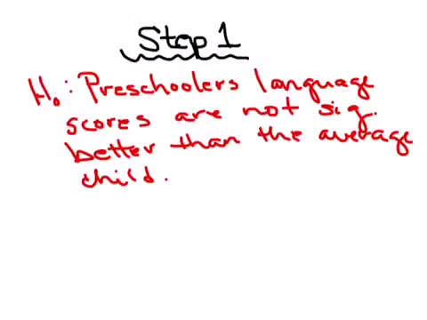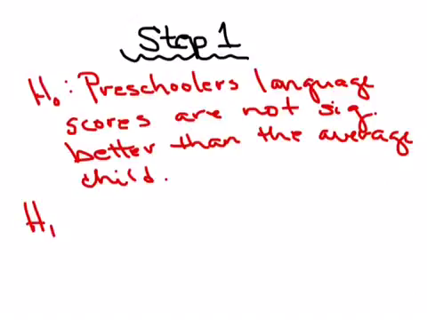If you'll notice, this is the statement that it's not going to differ. And because we're looking for an increase, we're not going to say anything different. We're just going to say it's not going to increase or it's not going to be better. We're not going to make any assumptions about it going the opposite direction. We're just going to use the standard hypothesis and throw in the word not.